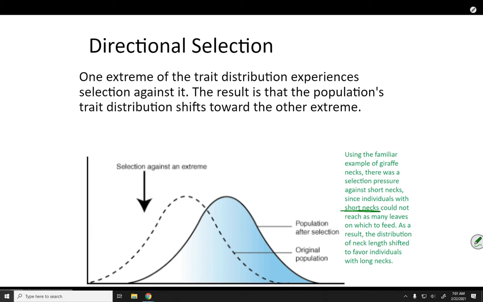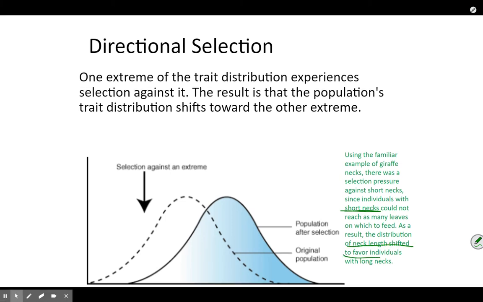Short neck giraffes were not able to get food, but our long necks were able to get food, so we saw the population shift over to the right. This is directional. They were favoring the one extreme, in our case, the long necks.